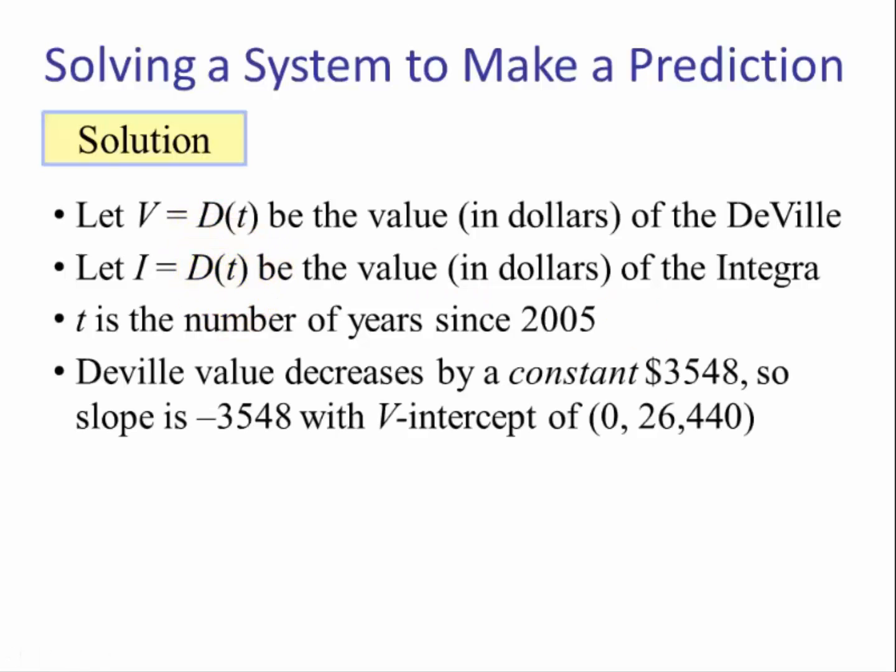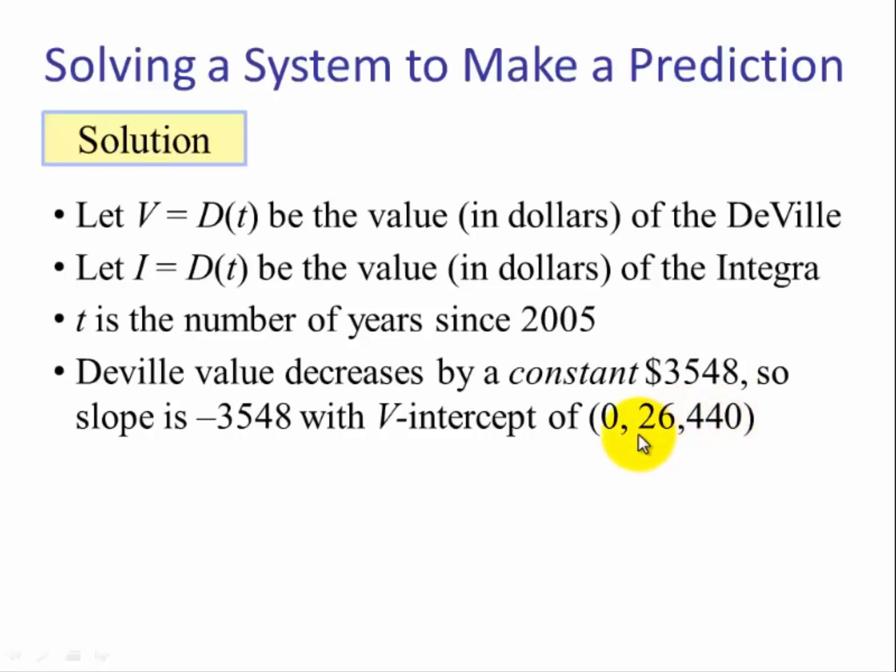The DeVille value decreases by a constant $3,548 each year. So that means the slope is a negative $3,548. And since T is the number of years since 2005, when T is 0, this is the value of the DeVille.